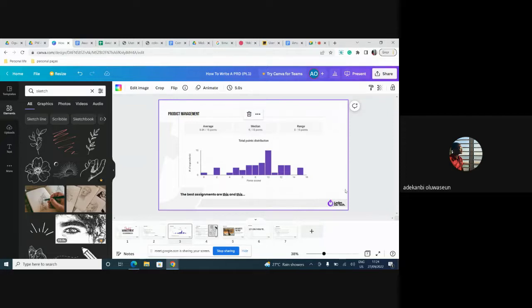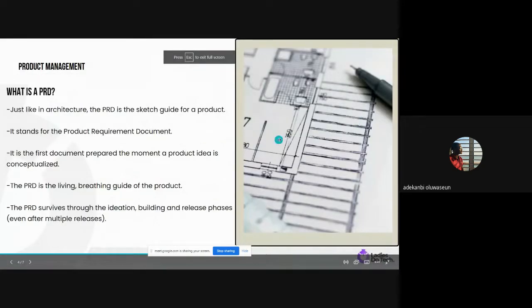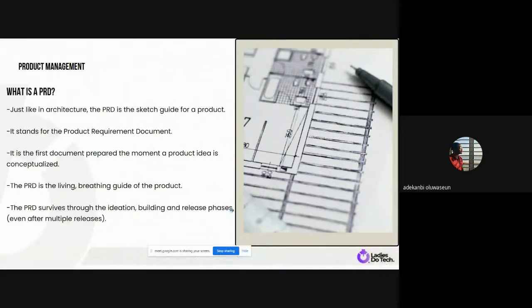All right, so let's look at what a PRD is. So a PRD, right? Just like when you want to build a building, you always have the designs. If you want to erect a 23-story building tomorrow, the first thing you do is not digging the floor, obviously.